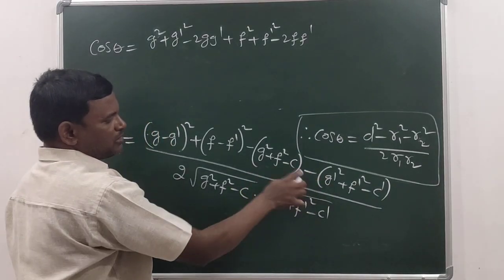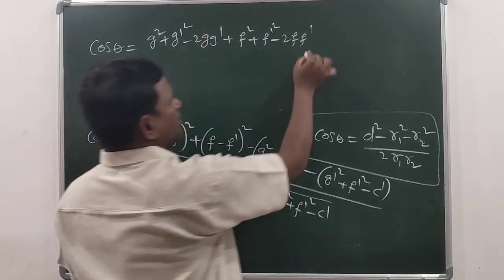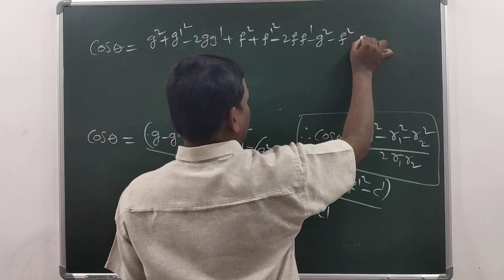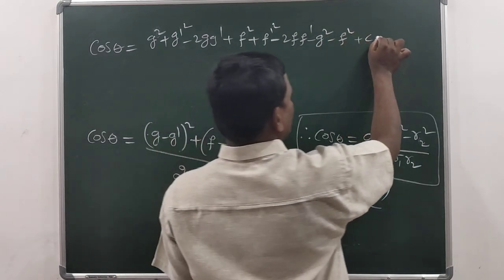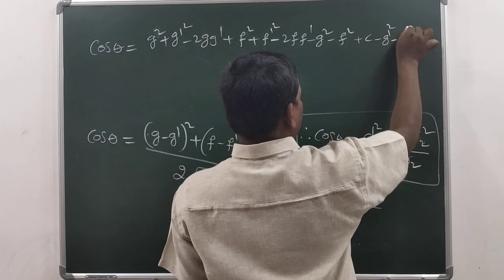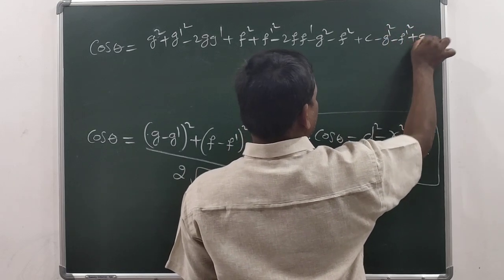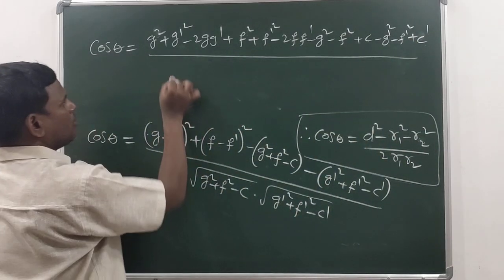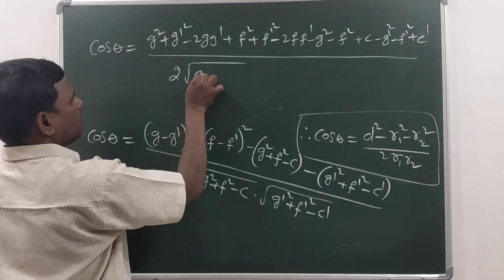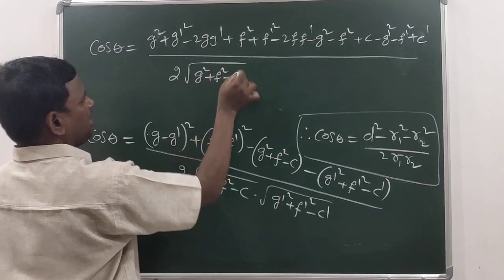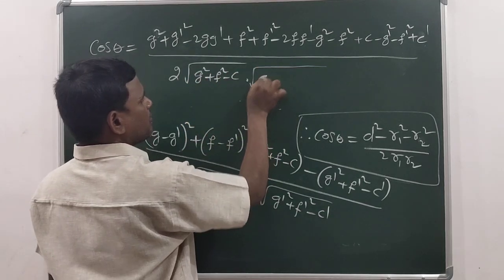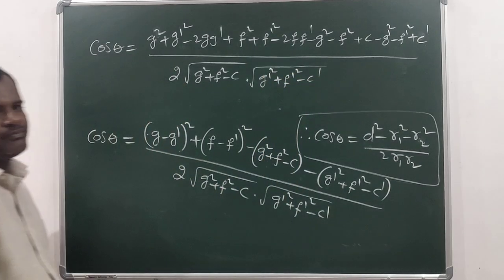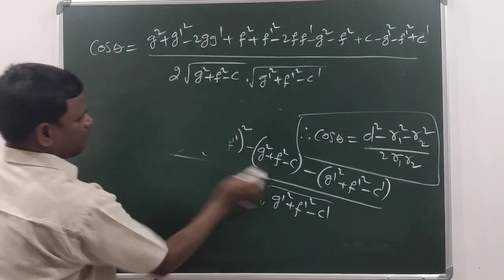Now before both brackets a minus sign is there, open it, you will get g square minus f square plus c minus g dash square minus f dash square plus c dash, whole by 2 into root of g square plus f square minus c into root of g dash square plus f dash square minus c dash. Now simplify that.